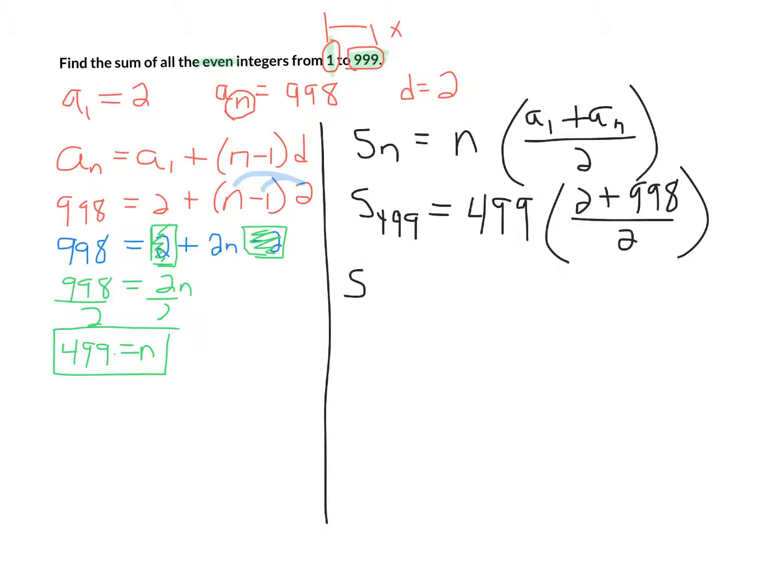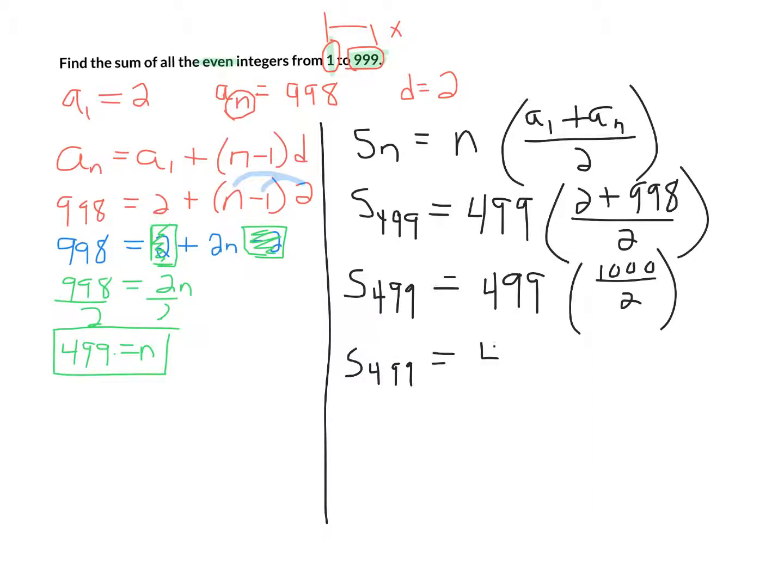So S of 499 equals 499 times 1,000 divided by 2. Sure, most of us can do this part without the calculator. 1,000 divided by 2 is 500.